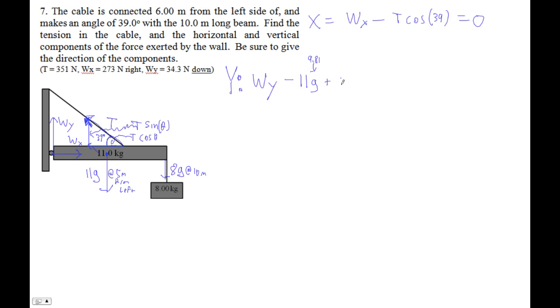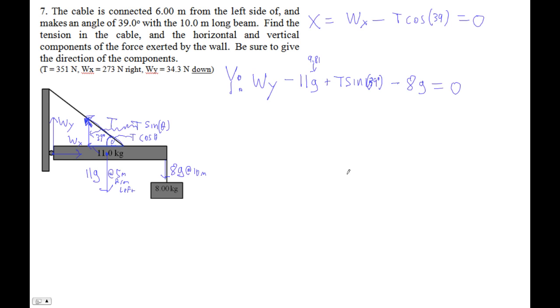So plus T sine theta, and theta is 39. That is up, and then we've also got the weight of this guy down. So minus 8 times G, and then that's 0. Okay, so those are our equations, right?